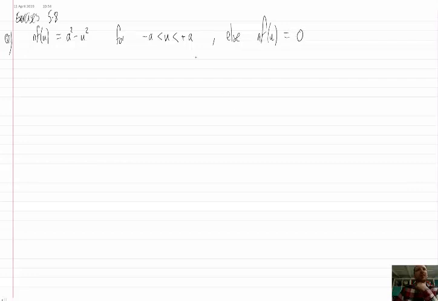So let's just have a little think about what that distribution function actually looks like, because that might give us some clue about the expected result. So this is nf of u, this is u. So we know that when u is equal to 0, nf of u is a squared.